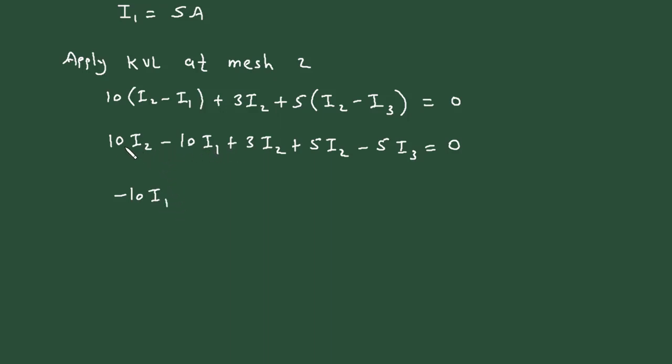And now here this will be 10 plus 3, 13, 13 plus 5, 18. So it will be plus 18 I2. Then here this will be minus 5 I3 is equal to 0. Now let's say this is equation number 1.